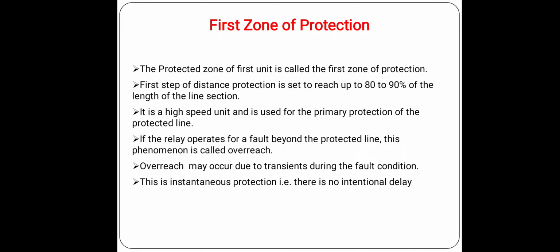So we need to set the unit in such a way that it is not set to protect the entire line. That means when any transients occur during the fault condition, the unit must not operate. We need to be careful in designing the first unit of protection.